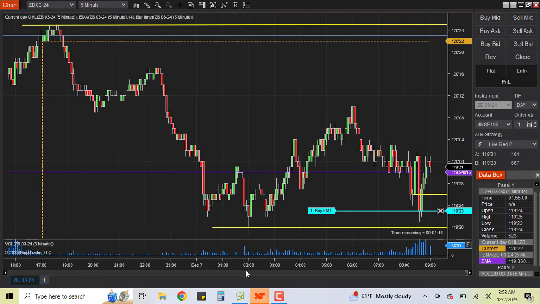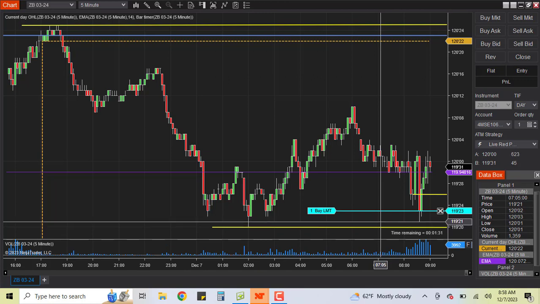To me, that confirmed that price wants to go up. So I placed my limit order down at 119.23 in the demand zone that was created from those recent buyers. Right now, price is up at 119.31. It did hit a resistance, and I'm just going to wait for price to come back and get me.